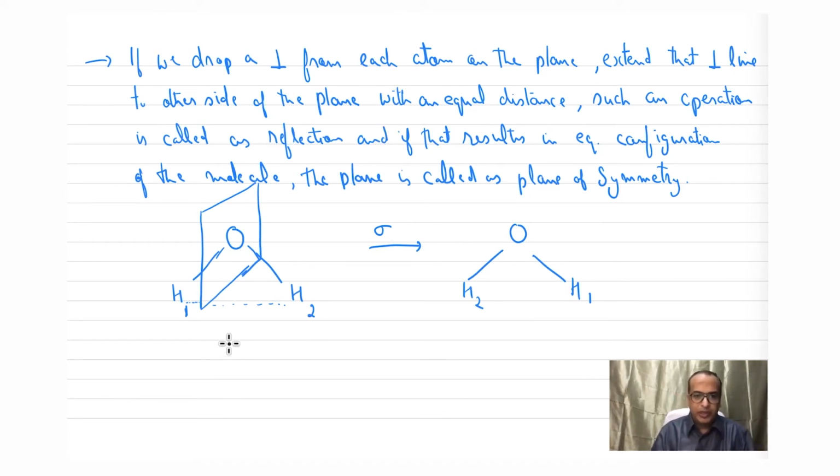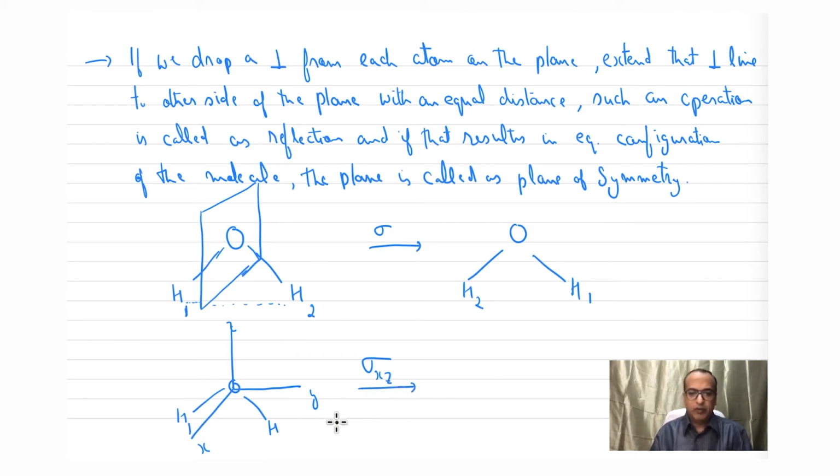If it is confusing to see the plane like this, let's draw it in the Cartesian system. X, Y, Z. Oxygen is lying on the origin. The two hydrogens are in which plane? YZ plane, as we drew earlier. And now XZ is the plane of symmetry, sigma XZ.